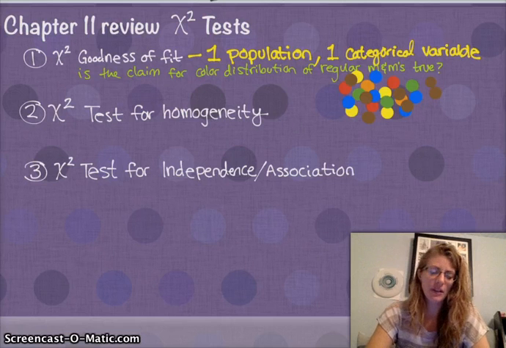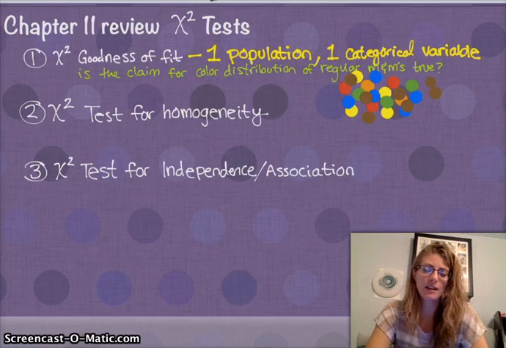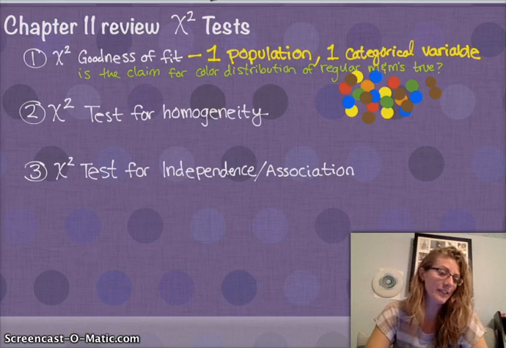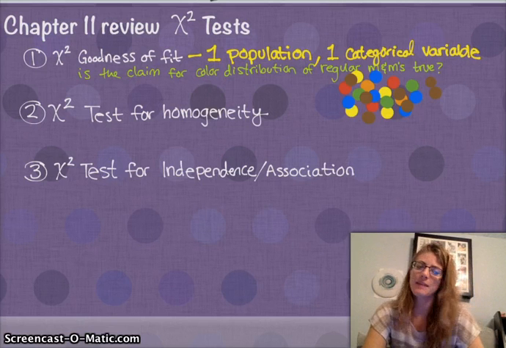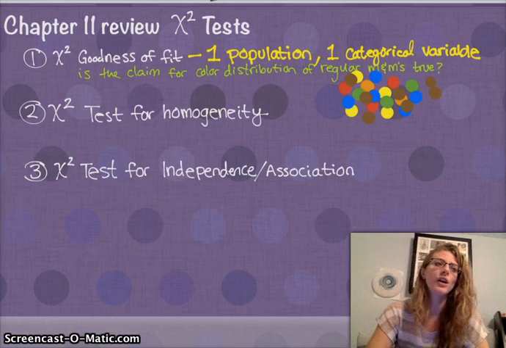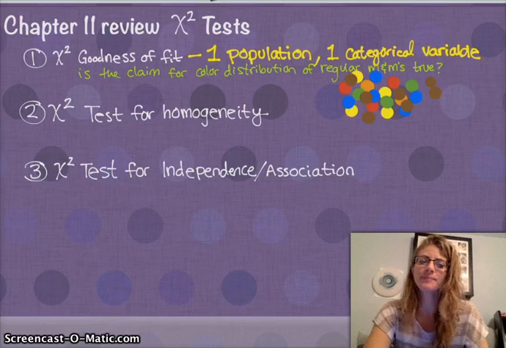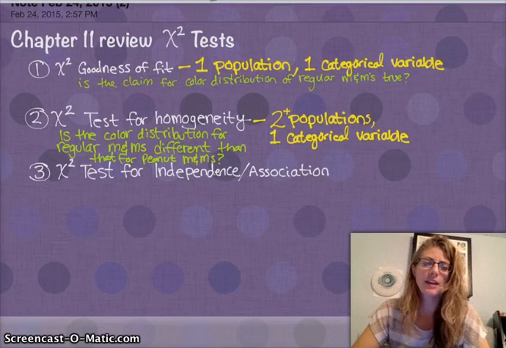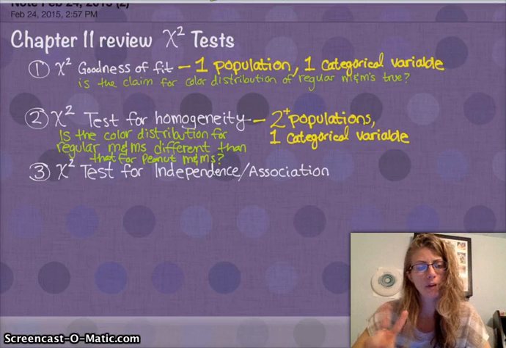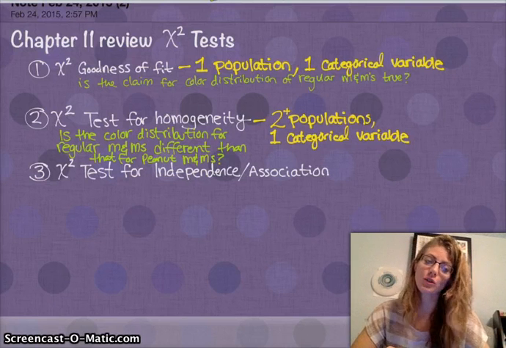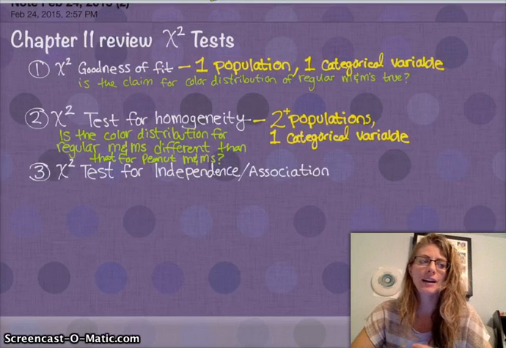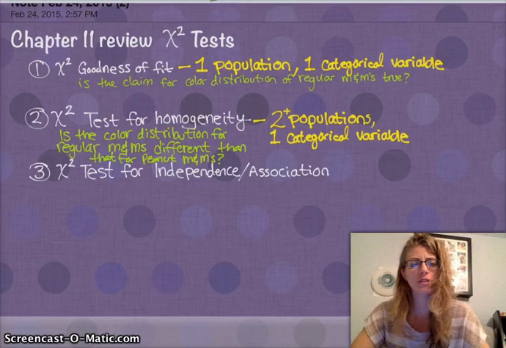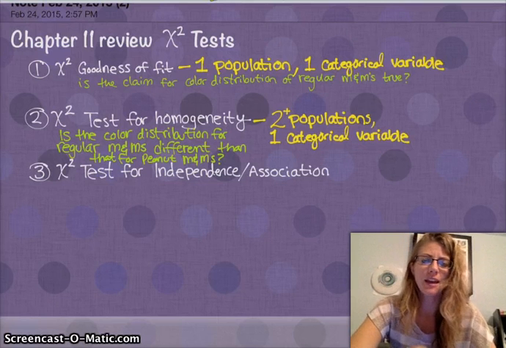So for example, is the distribution of colors of regular M&Ms the same as the distribution of colors of peanut M&Ms? And it can also be for more than 2 populations, obviously. And in fact, if you are only comparing 2 populations, you could also do a 2-sample z-test for the difference of proportions. So that's exciting.